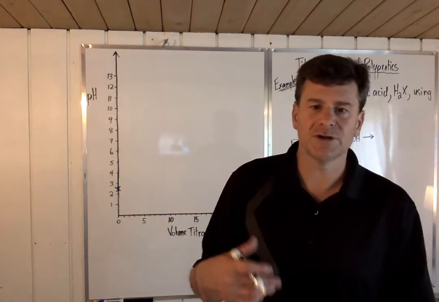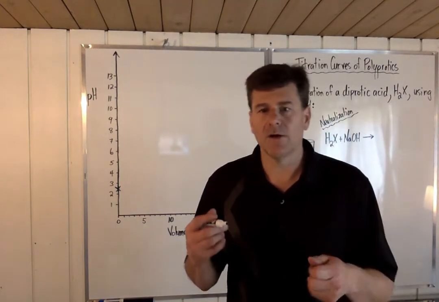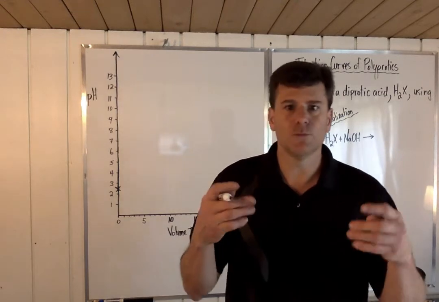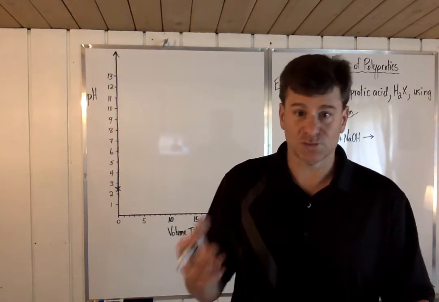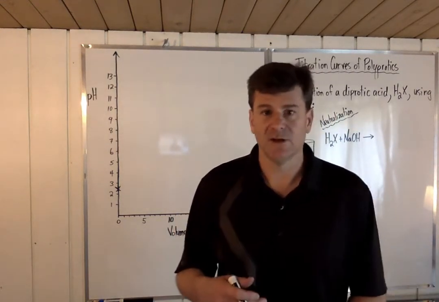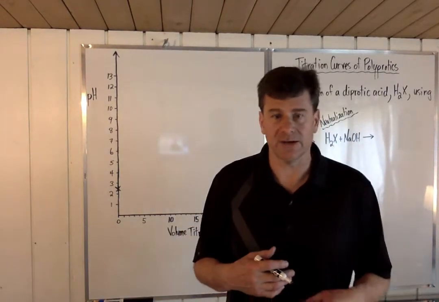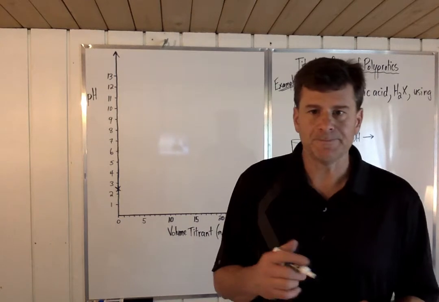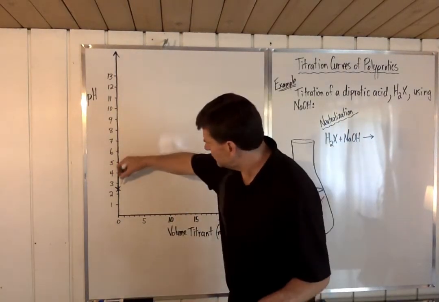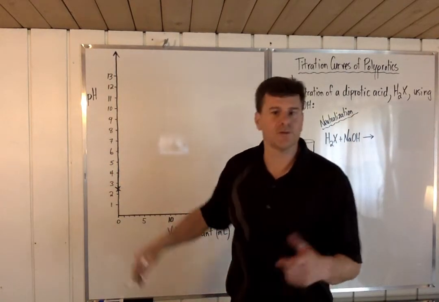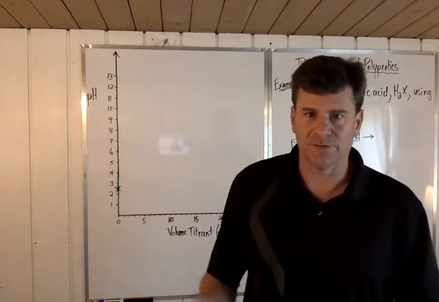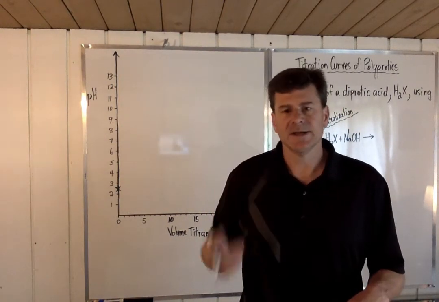Okay, so then we start doing our titration. Now, as would be typical, if this was a strong acid, if H2X was H2SO4, the only diprotic strong or polyprotic strong acid, then you would expect to see this just come straight up. There wouldn't be any kind of buffer zone, if you recall, as with weak acids.